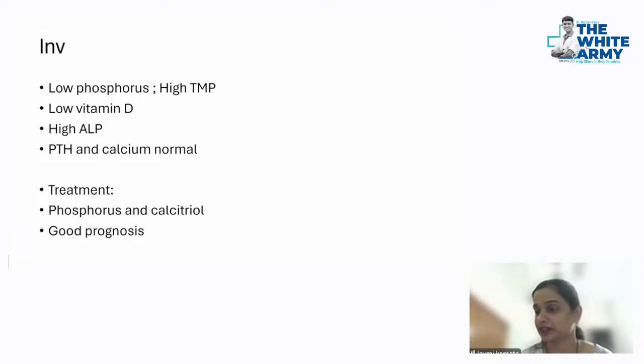Okay. So how will the investigations be? Obviously, you have low phosphorus levels. Why? Because there is increased excretion of phosphorus, which can be detected by TmP/GFR. This is a test done to find out what percentage of phosphorus is excreted in urine.